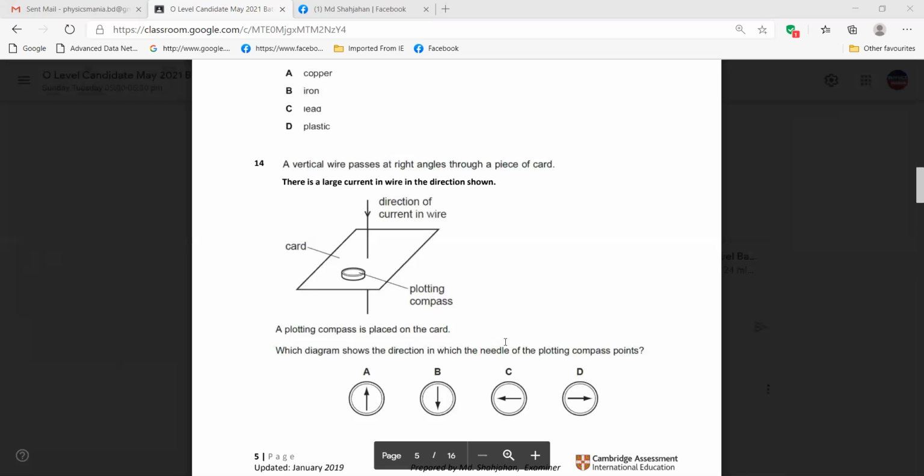Yes, I tried. I think it's A. Look, I'm drawing only a single line. Oh, it's a compass needle. It should be C. Yes, shouldn't it be C? Yes. Yeah, I got it.